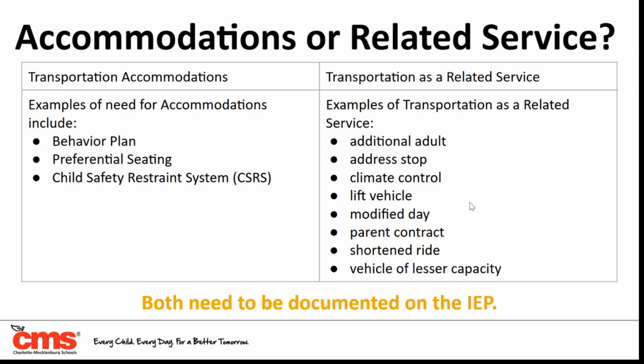Both of these need to be documented on the IEP under the transportation section, but for the ones to the right you would use the drop down box and say they are transportation as a related service. In this example, I would say the student requires a child safety restraint system, or you could say the student requires the accommodation of a child safety restraint system to ensure student safety while riding the bus. And it's going to be student specific. You're going to put why they actually require it.